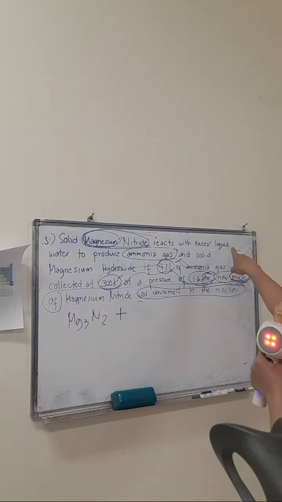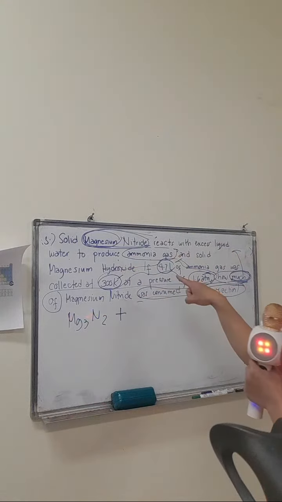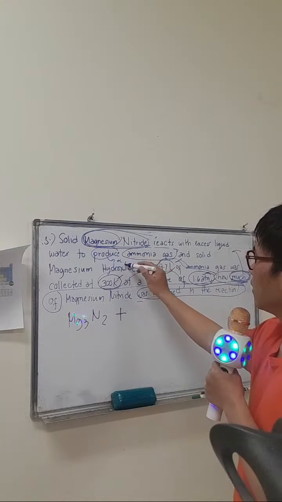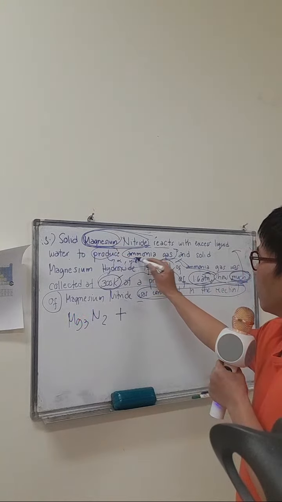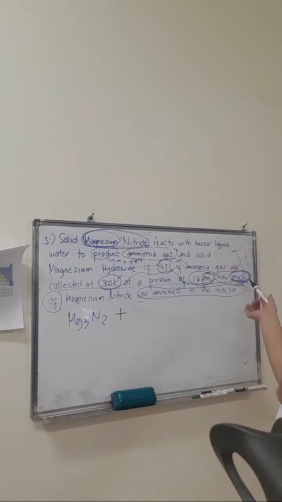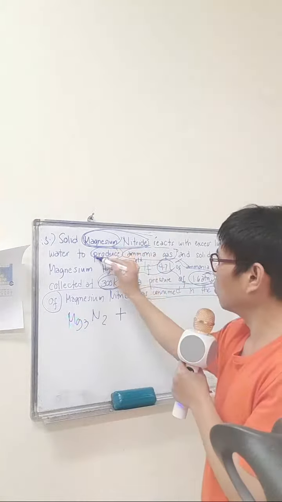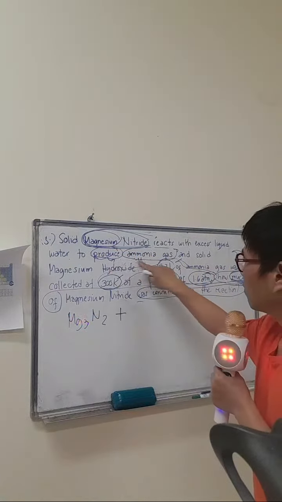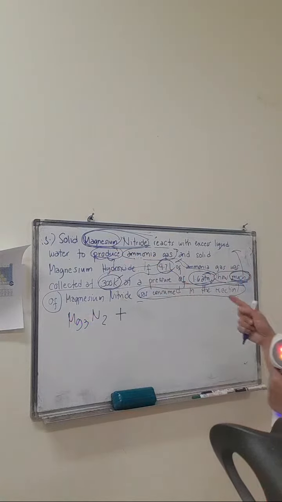With excess liquid water to produce. Produce also has many synonyms: resolve, yield, obtain. So we need to be particular also with the verb and noun agreement.